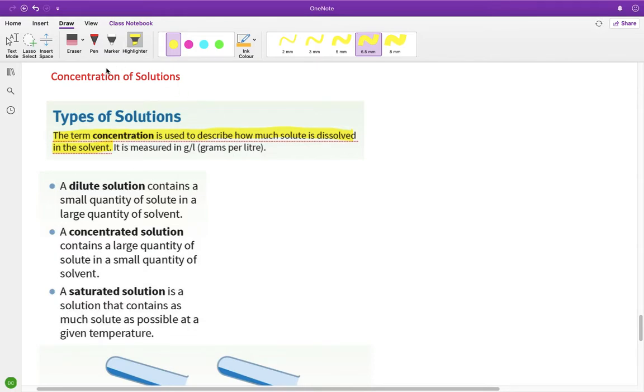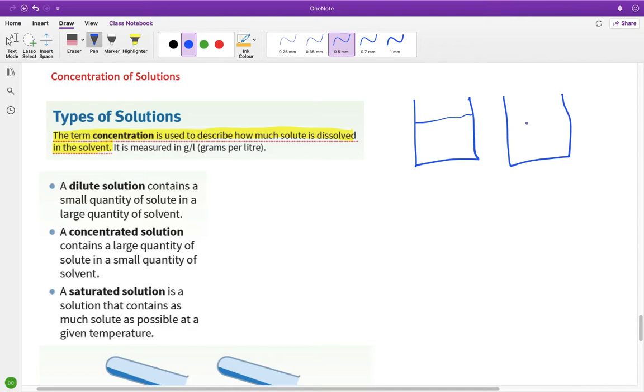Okay, so if you've got, here's my beaker, water, second beaker, same amount of water, so they're identical, let's pretend. And in the first one, this is your solute, and then in the second one, this is your solute. Okay, so they have very different concentrations.